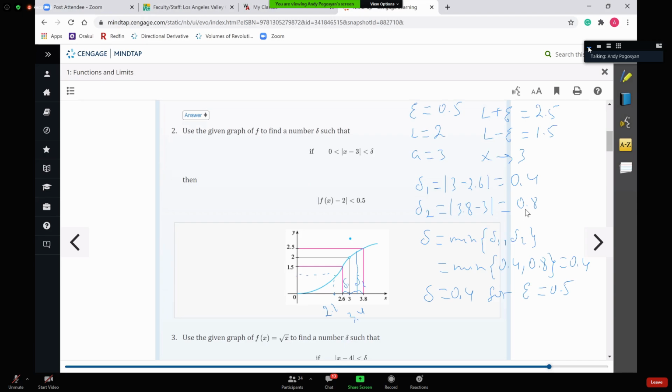It's 0.4 to the right, 0.4 to the left. For those values inside, if you choose x's, let's say 3.2, 3.1, 2.7, 2.8, anything you choose, f of x will be closer to 2, less than 0.5 distance.